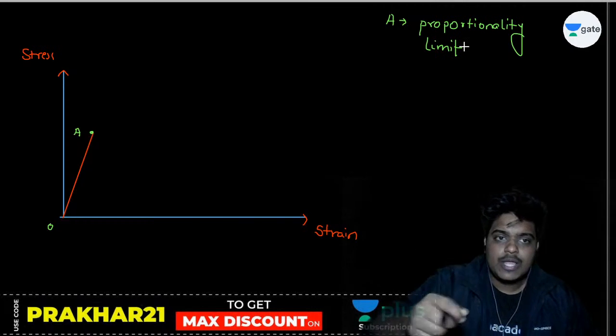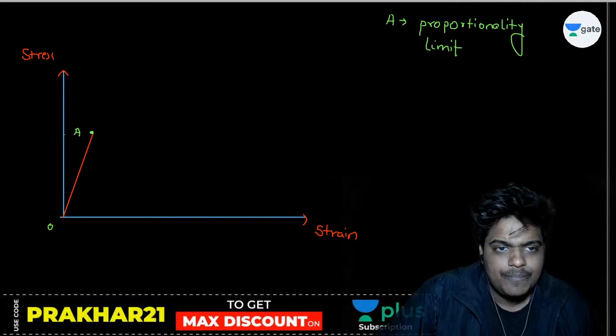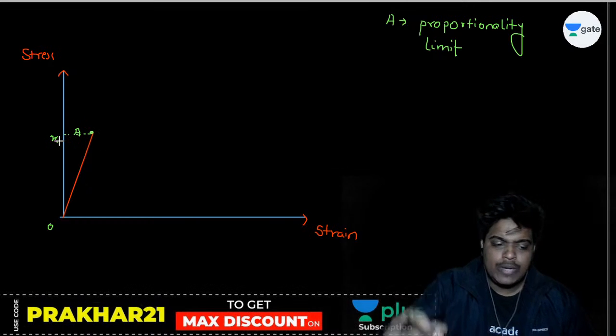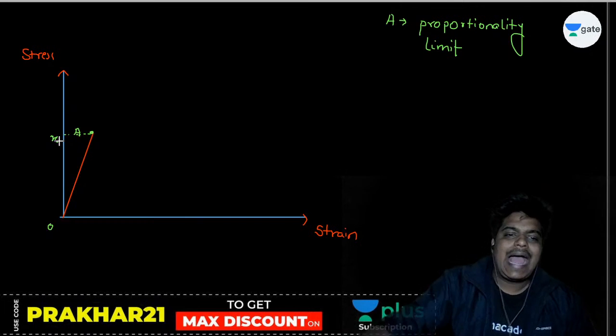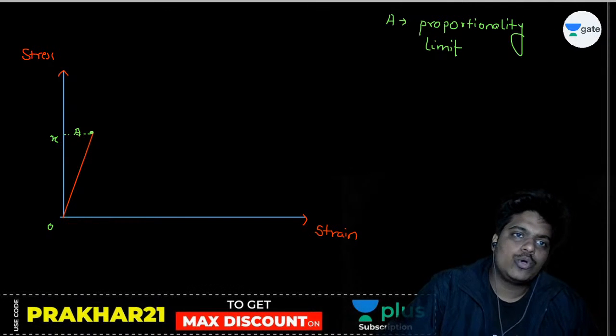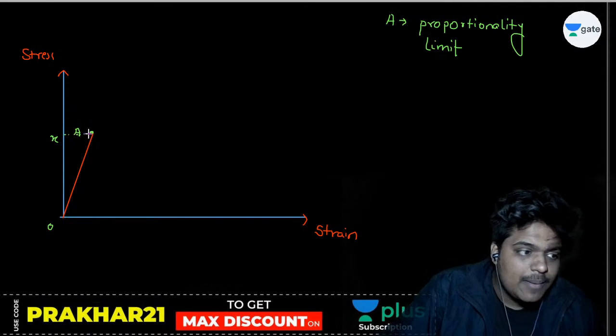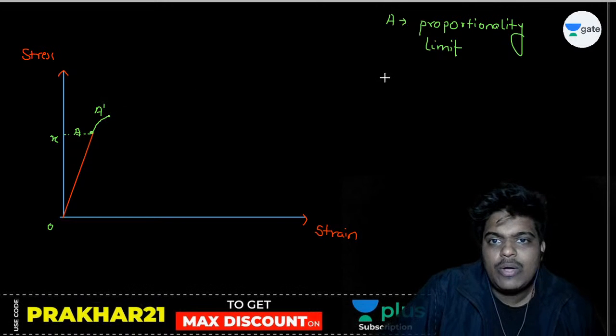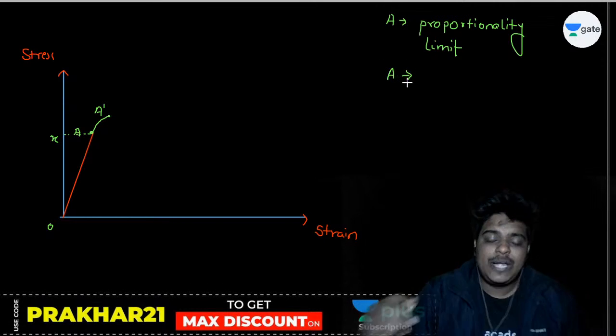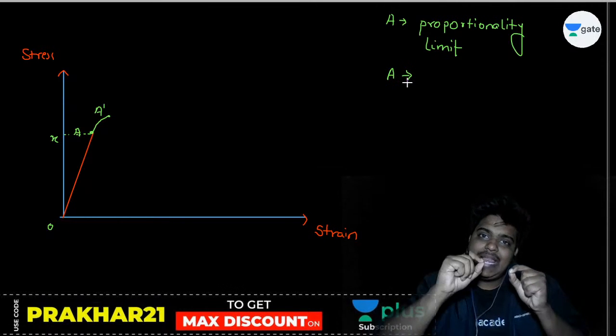Now suppose you are applying this much stress, an amount of stress, say X. As soon as you remove this stress, automatically it will come back to its original shape at O. Okay, no problem. Beyond this, the graph goes like this. This is known as A dash. Between A to A dash, the elastic limit is there.